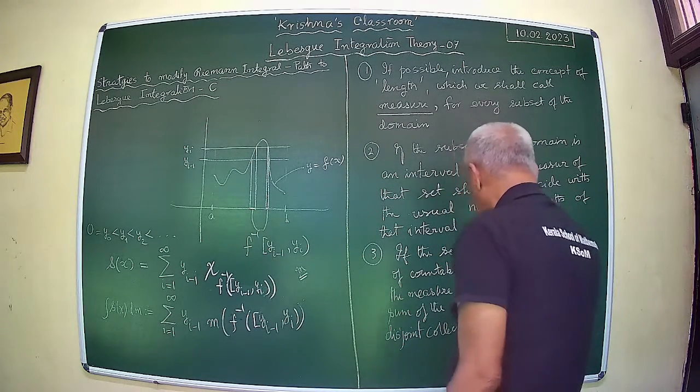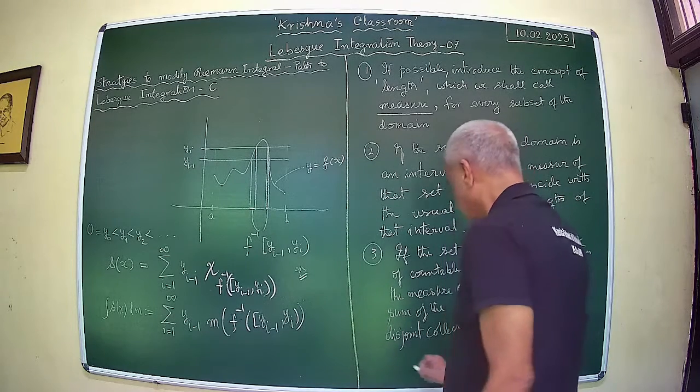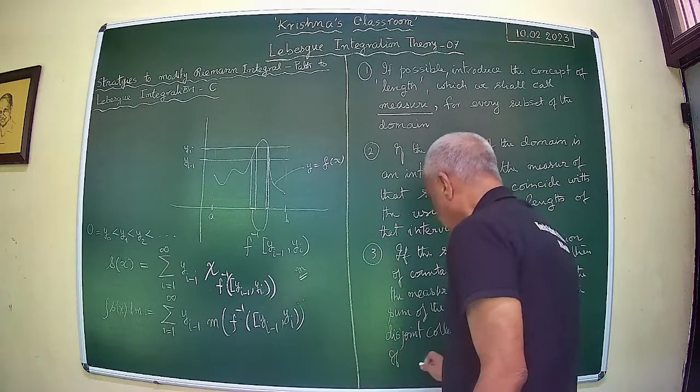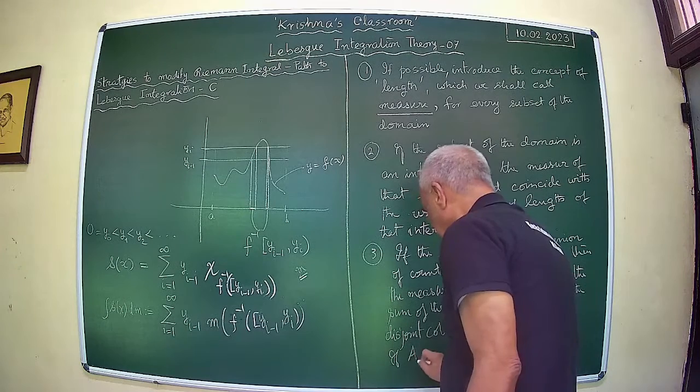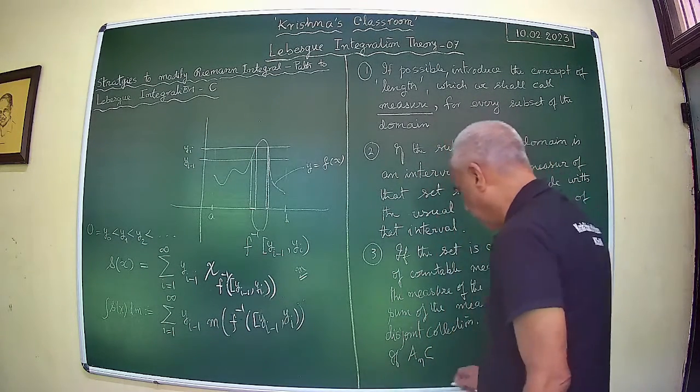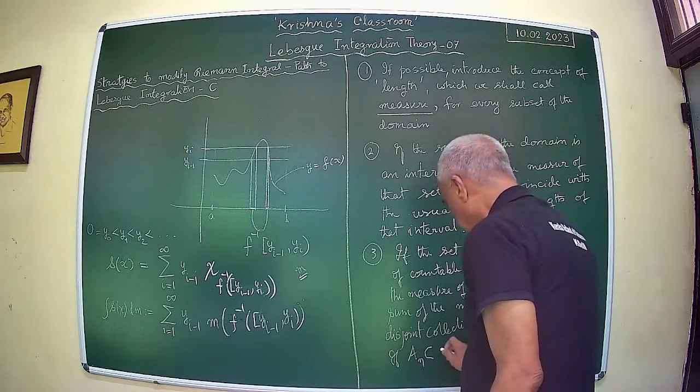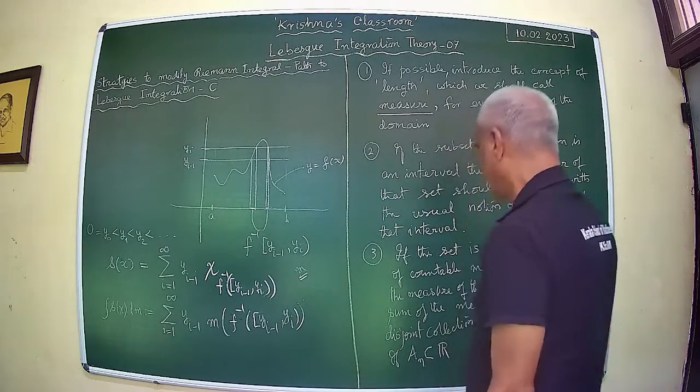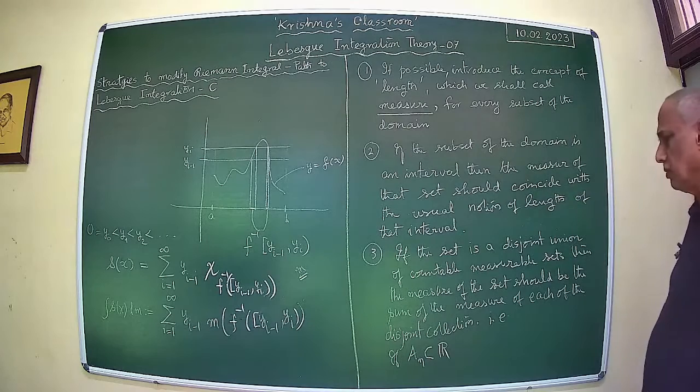That is, if An is contained in the domain, generally let us take this to be equal to R.